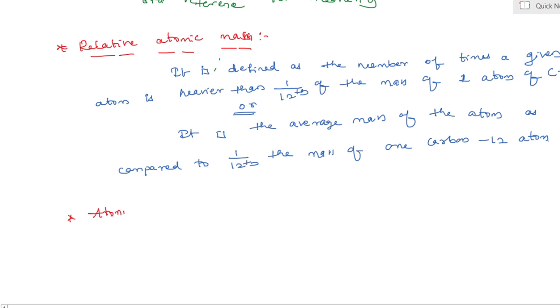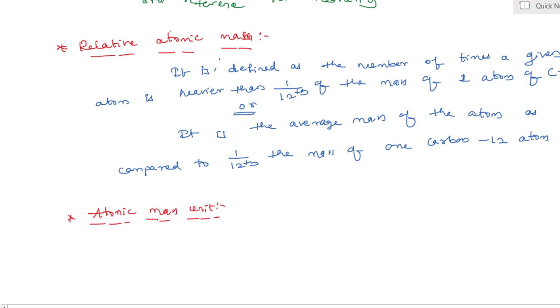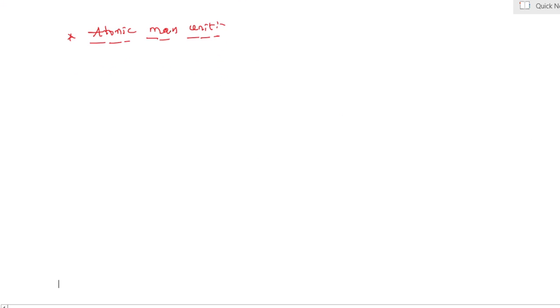Atomic mass unit is defined as the mass unit equal to exactly 1/12th of the mass of 1 atom of carbon-12 isotope.